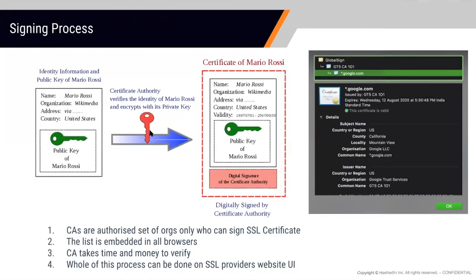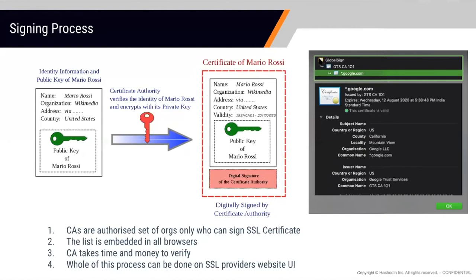It goes to the CA, and the CA has its own public and private key and a digital signature. What it does is it signs your CSR with a digital signature and encrypts that certificate with its private key, right? Now, it is just like an inception, and that's how the global chain of trust works.